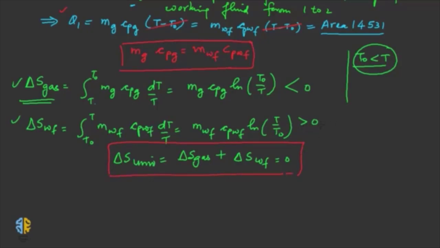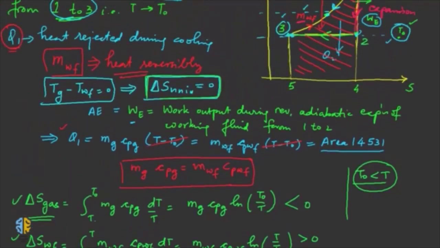Now if you talk about Q2, Q2 is the amount of heat that is being rejected in going from state 2 to state 3. If you go back to the figure again, this is Q2 in going back from state 2 to state 3.